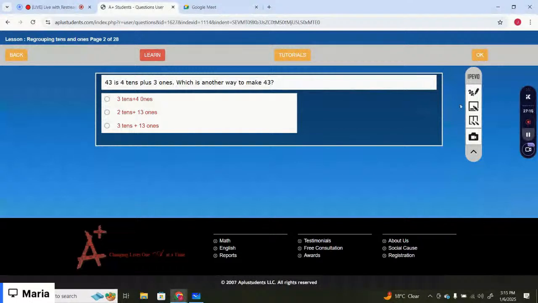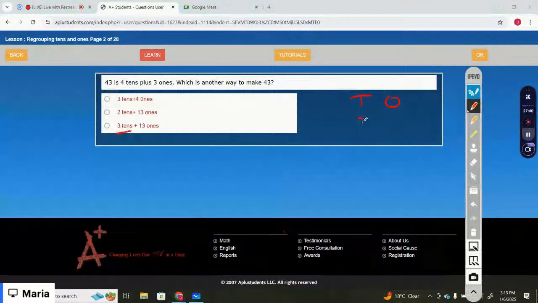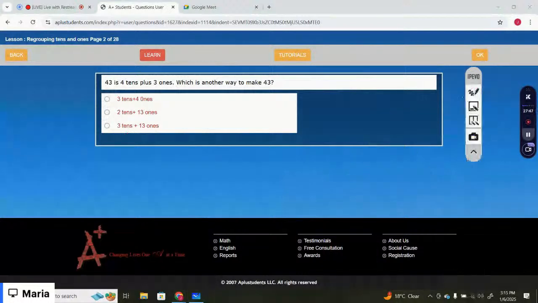That is 3 tens and 13 ones. That's the one we did in the tutorial. Option number 3. Let's see how. Here you have tens and ones. So 3 tens means 30, and 13 ones. When you add, that makes 43. So the correct option is option number 3, 3 tens and 13 ones.